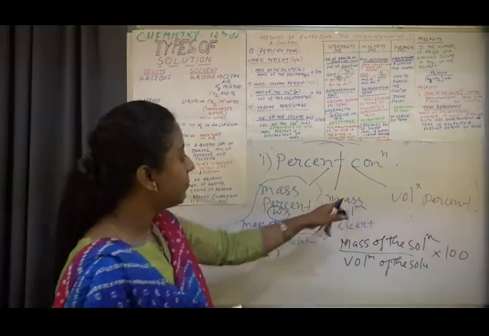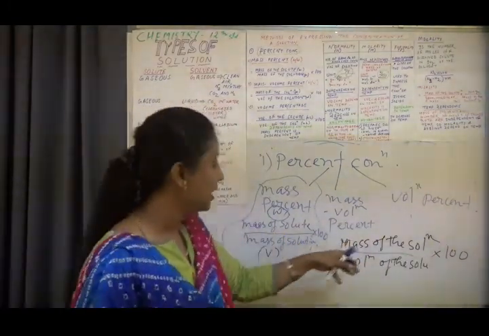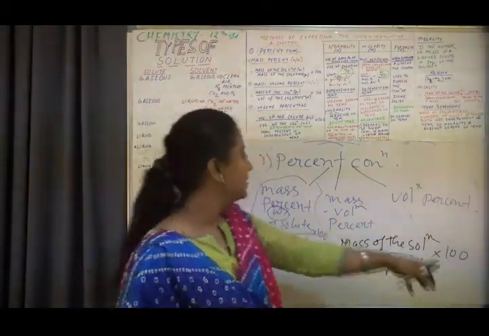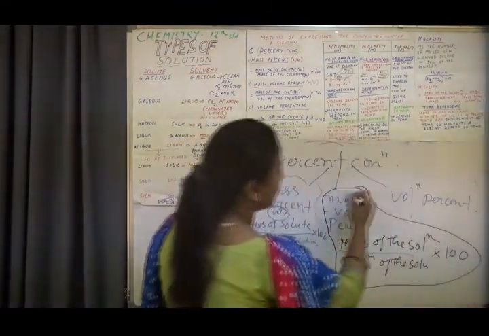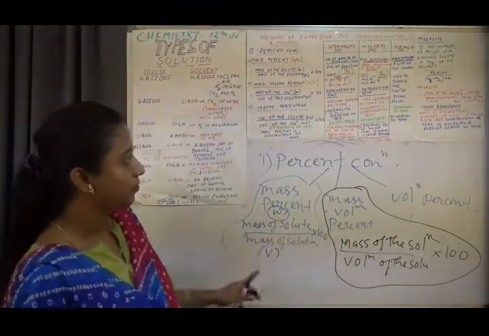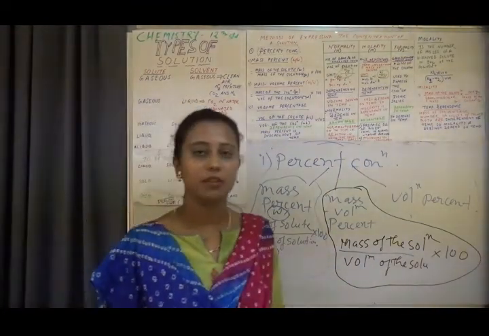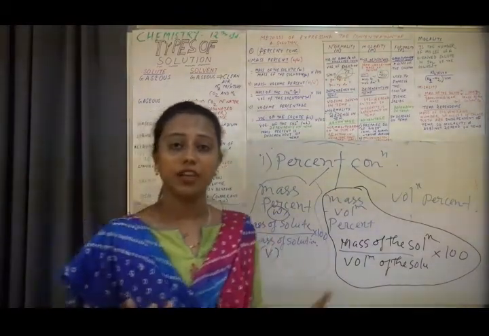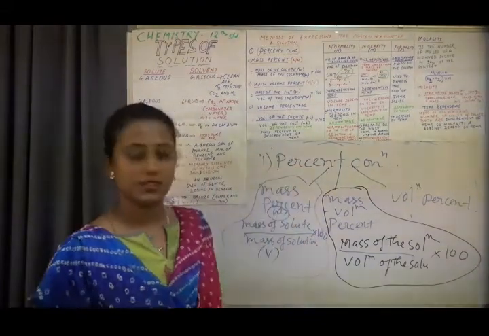So here mass volume means you have to take the weight or mass of the solute, then the total volume of the solution. Then if we multiply by 100, we get the mass volume percent. Lots of numerical problems are given from this formula. If you wrap up this formula, then you can easily solve the numerical problems which will be given in your board exams. At least one numerical problem is given from this type of questions.